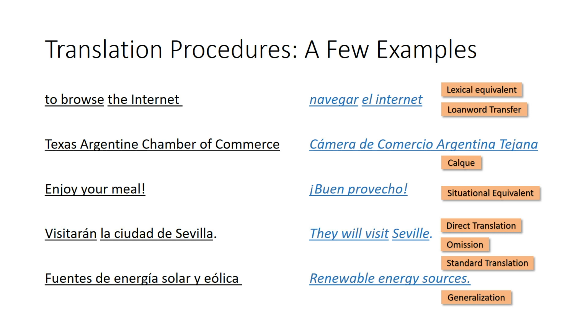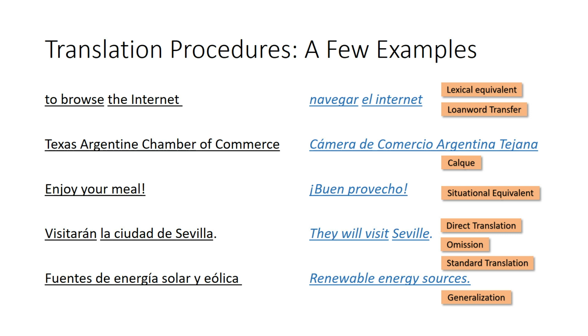That's a calque. The expression enjoy your meal is a single translation unit. You can't break it up. If I translate that as buen provecho, or simply as provecho, buen provecho, I'm using what I call a situational equivalent, a translation that you would say in the same situation, the equivalent for the same situation.